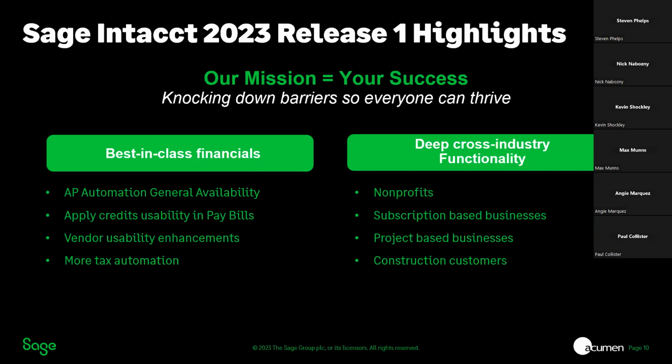So you had payments before, right? And you could use CSI, you could always cut checks, of course, you could process credit cards. Now we have automation in accounts payable as well to get those bills in the system. Enhancements with getting credits in the system and applying them to bills when you're paying.